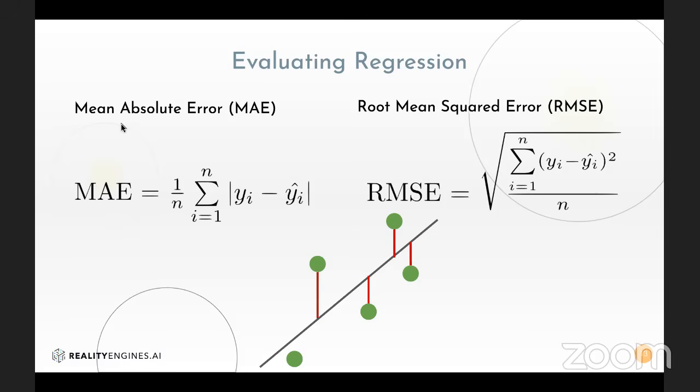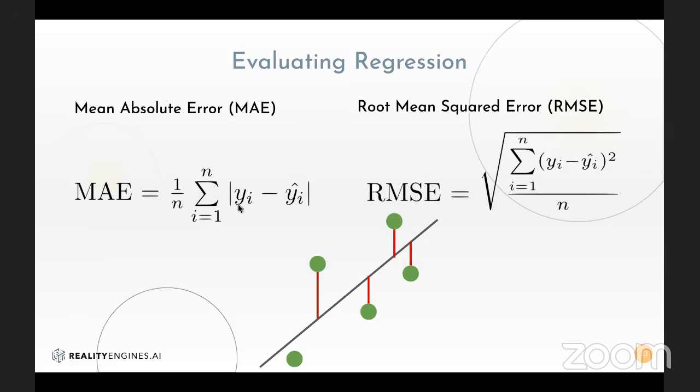One is called mean absolute error. Suppose those are our data points, and this line is our model's prediction. The error is these red bars. It's the distance from our model's prediction to the correct data point.